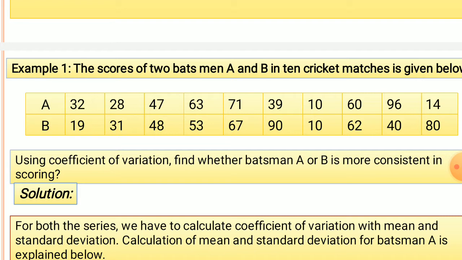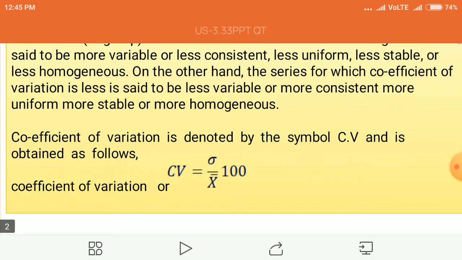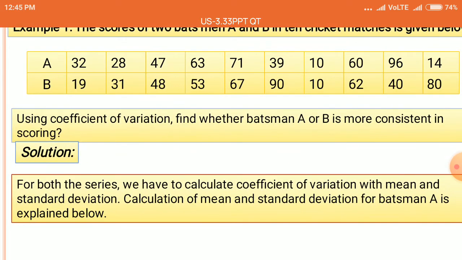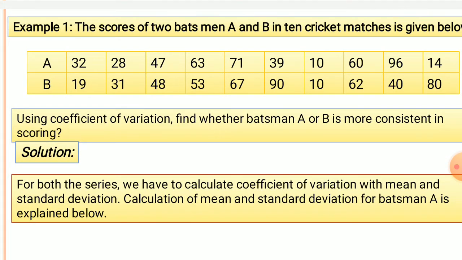In order to find whether batsman A or B is more consistent, we have to calculate the coefficient of variation for both the series.